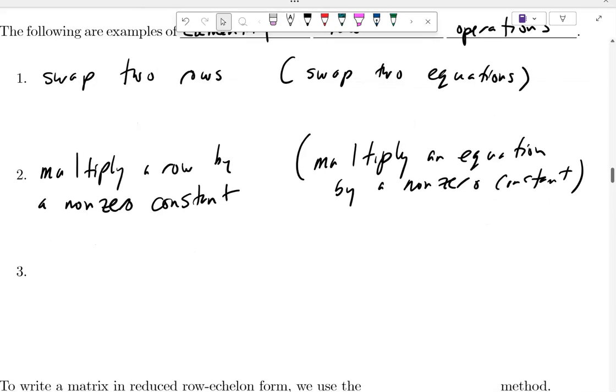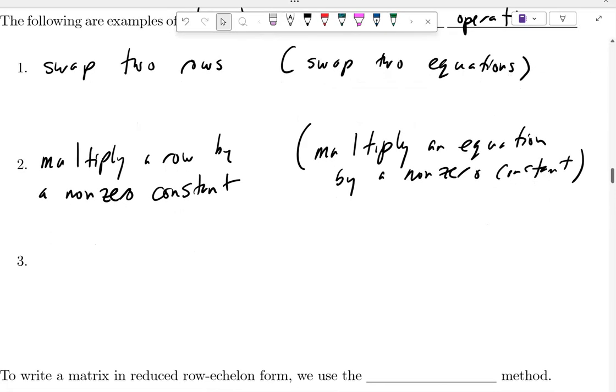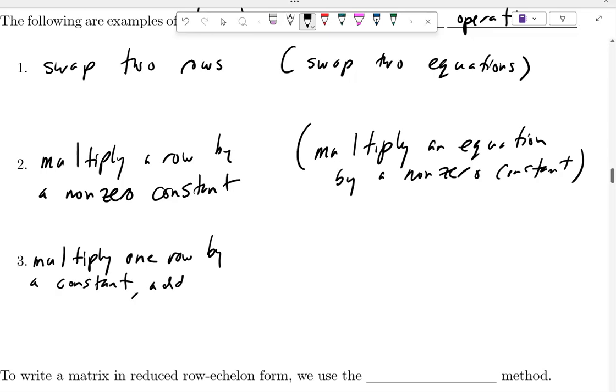The third one was the weird one, right? Where you multiply by a constant, add it to another equation, and replace that other equation. Do the same thing here. We're going to multiply one equation or one row by a constant, add to a second row, and replace the second row.